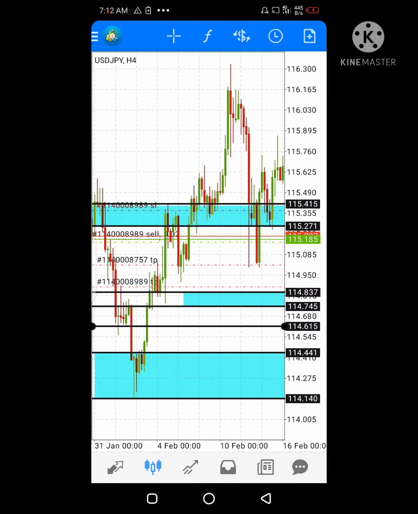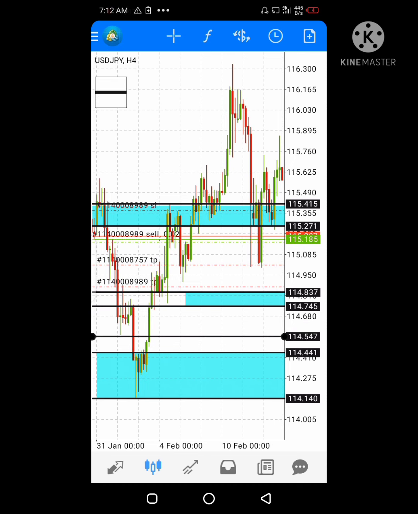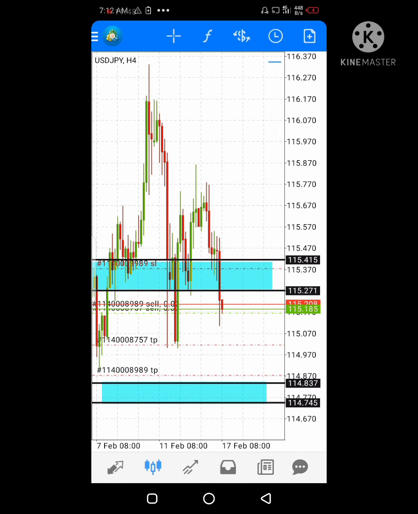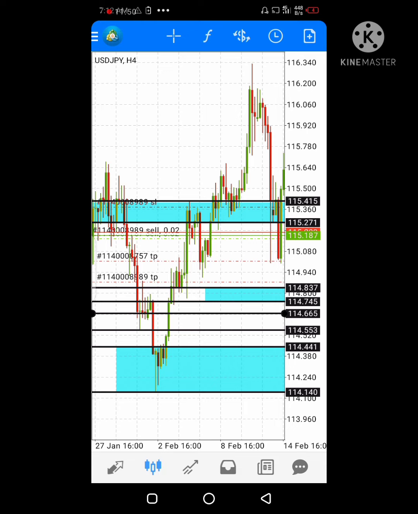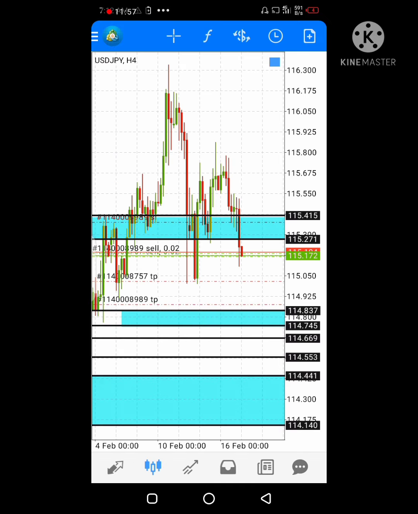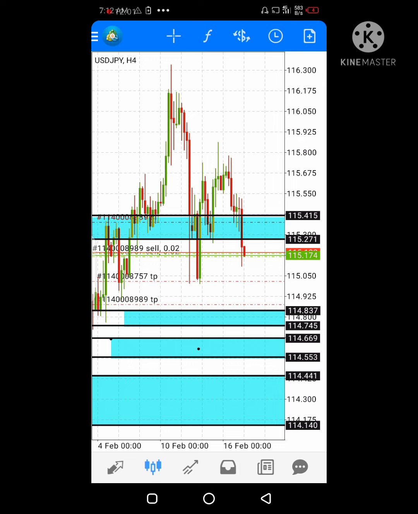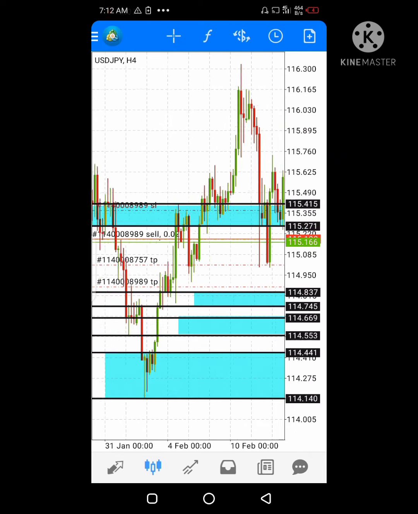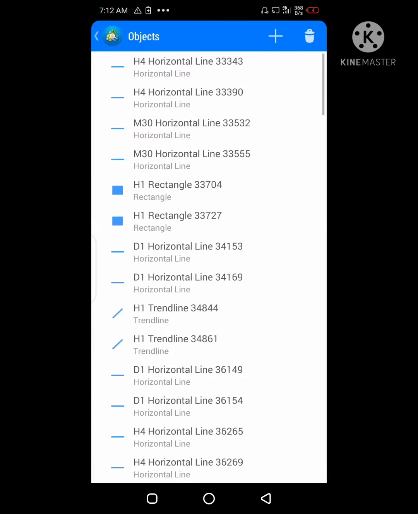So we're just going to cover this area. This area is another area to buy. I'm just going to go over everything here.